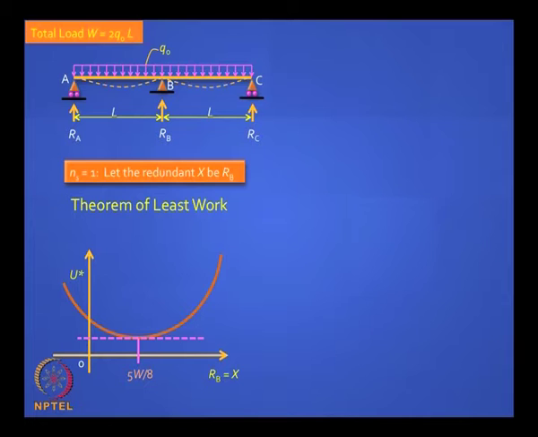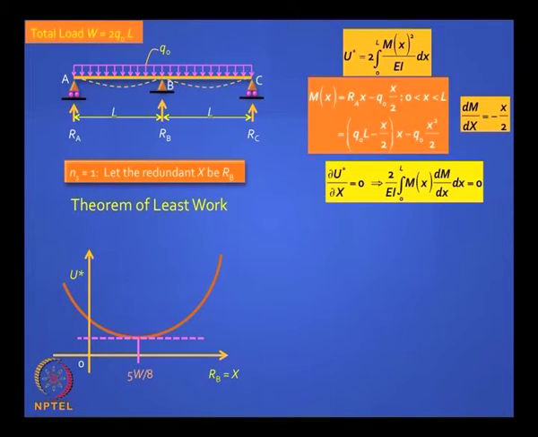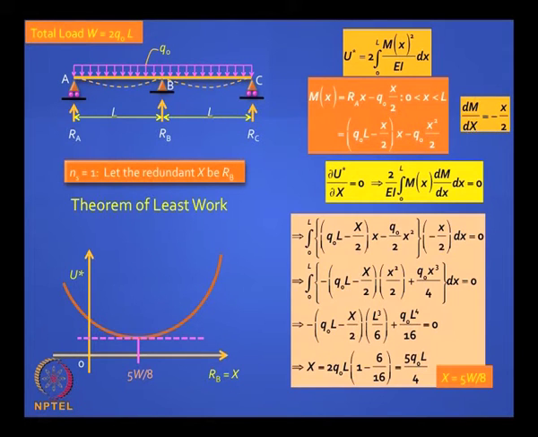If you plot x, every value of x will give you other reactions which are statically admissible. You will find that you will get some strain energy, but that strain energy value will be high. The exact, correct solution is one for which the strain energy is minimum. And you can prove this. You can write an expression for m, bending moment at any location, write an expression for u star, and take the derivative, and you can prove. There are a series of steps you can get the final answer.